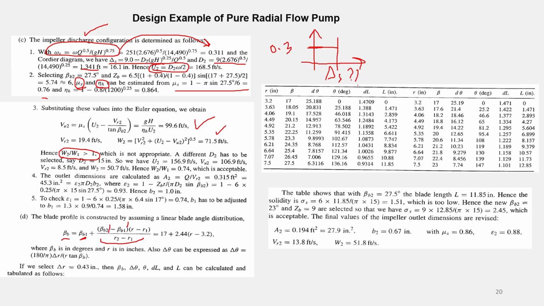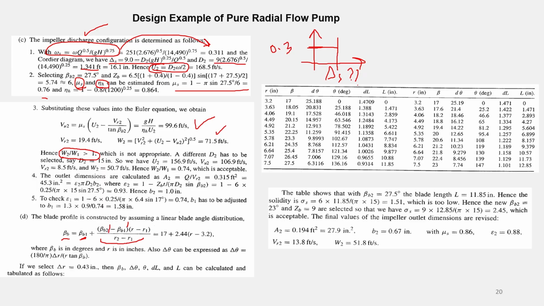And this is when you are at the leading edge. But if beta blade 2 is different from beta blade 1, this would result in the blade angle being different between the inlet and outlet.